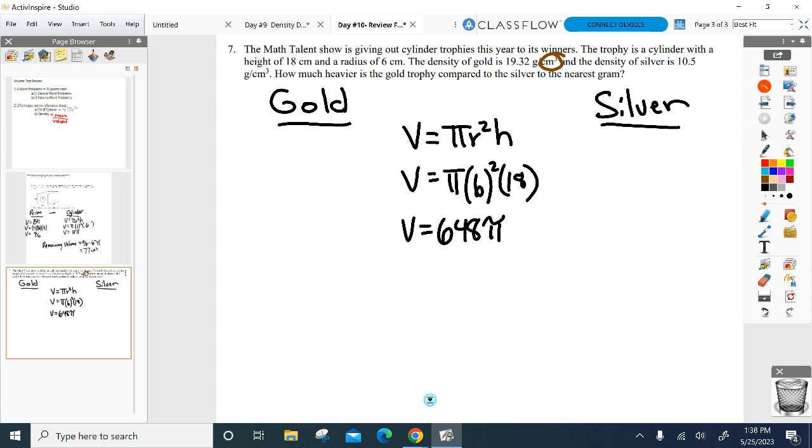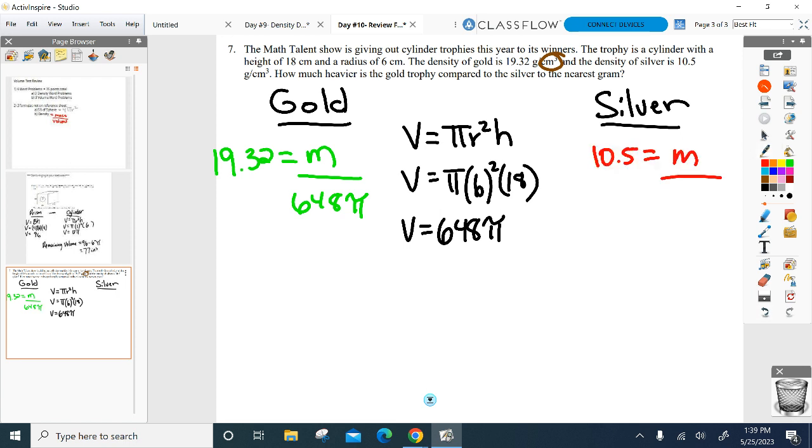All right, now I go to density. So gold has a density of 19.32. What's the mass with a volume of 648 pi? And then over here, silver goes 10.5.